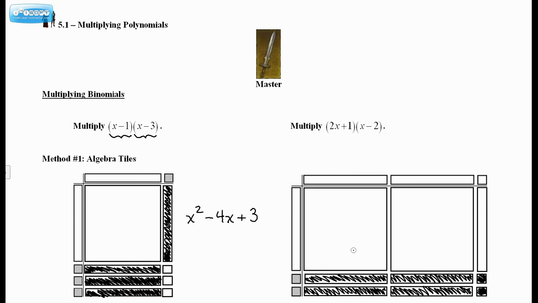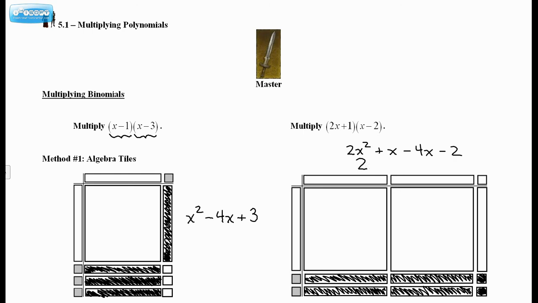So I'm just going to write out algebraically what this product is. This is 2x squared plus x minus 4x minus 2. But of course I can combine these two like terms in the middle.